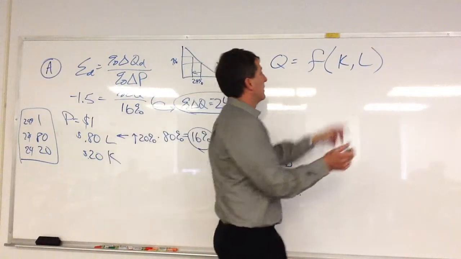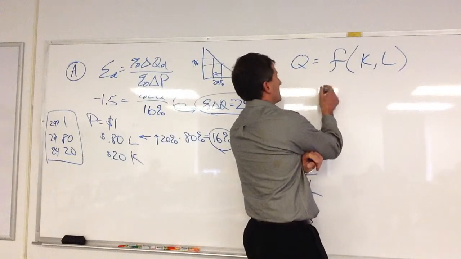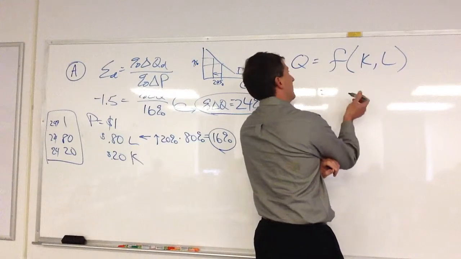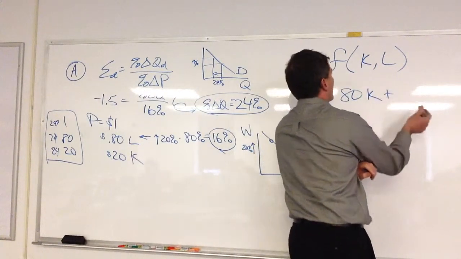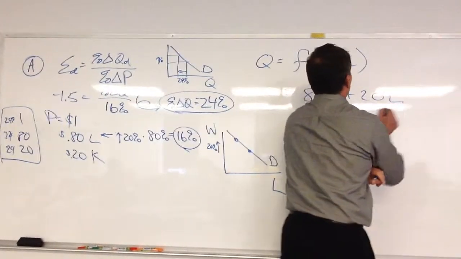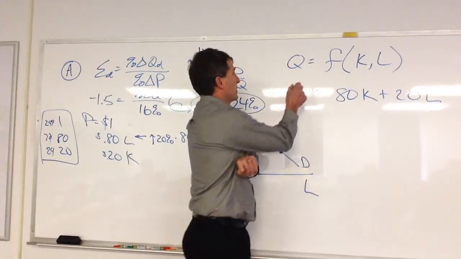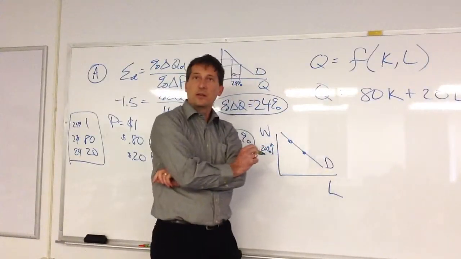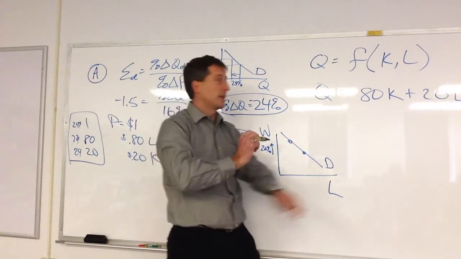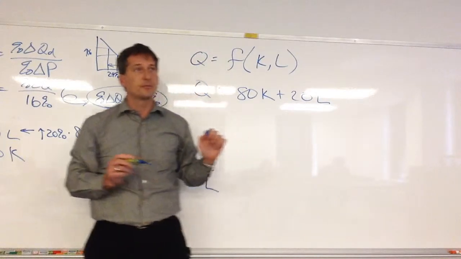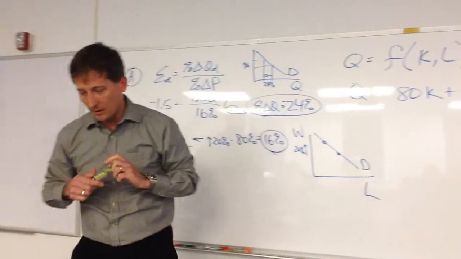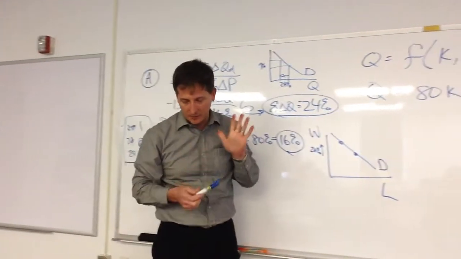So our parameter on capital, just to give you an example, might be 80 times K plus 20 times L gives me my unit of output. And so that's going to be fixed each time. Okay? A very simplistic production function.